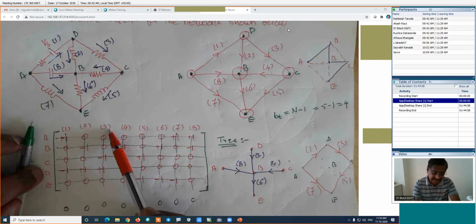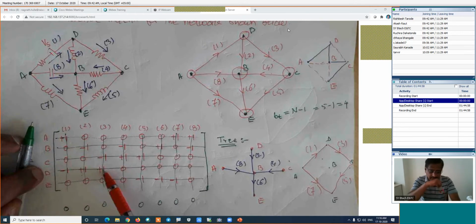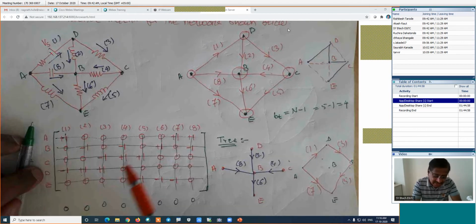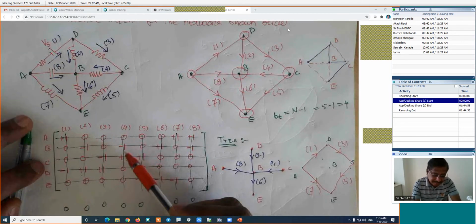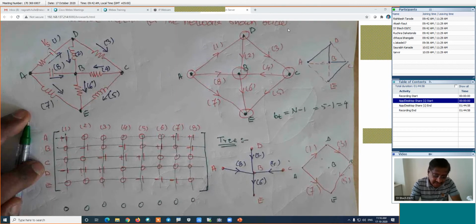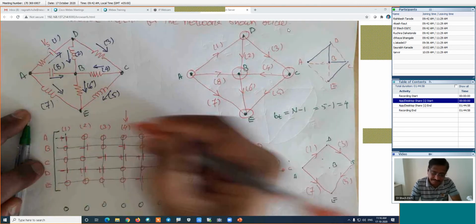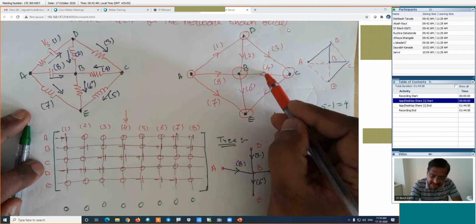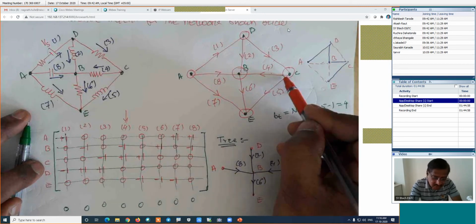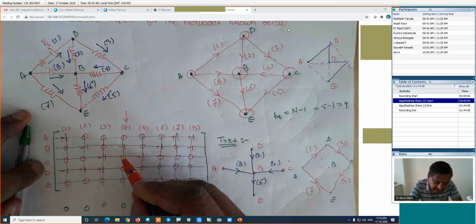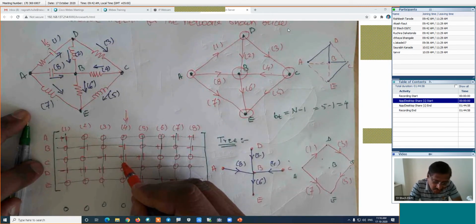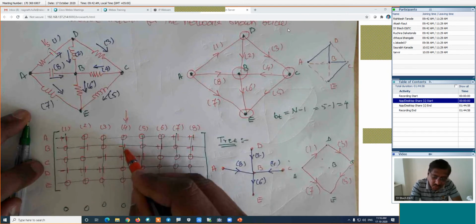Branch number 3 is connected between C and D. Branch number 4 is connected between B and C. I will show. This branch number 4 is connected between B and C. Now look at its orientation. Its orientation is from the C node to the B node.